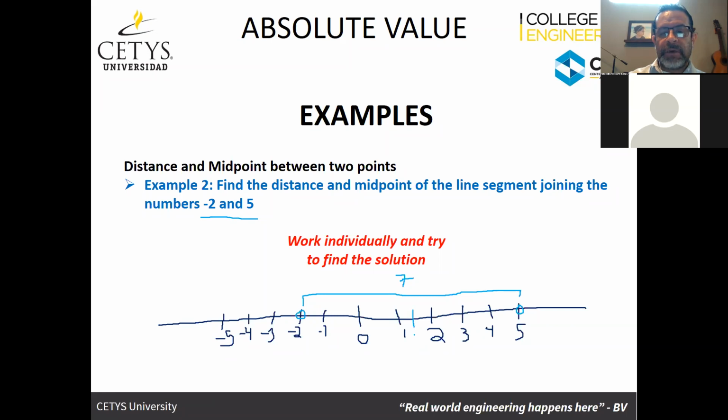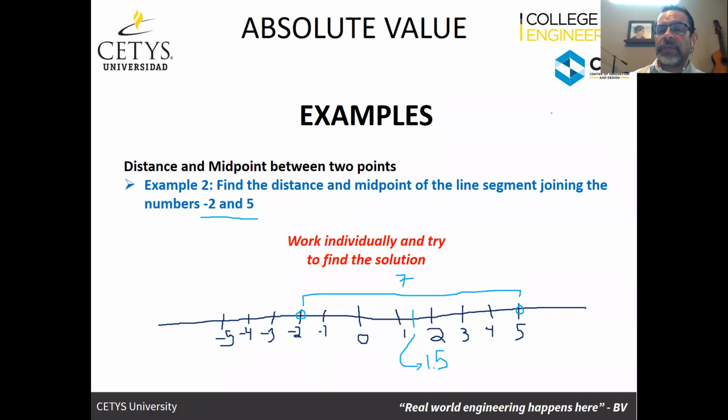And this value here is 1.5. How did I know that? I know that because if it's 7 units, the midpoint has to be at the half of those 7 units. So it would have to be 1, 2, 3, and 0.5. So this would be the midpoint and this would be the length, okay?